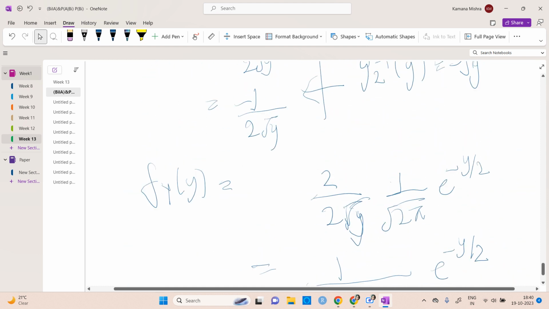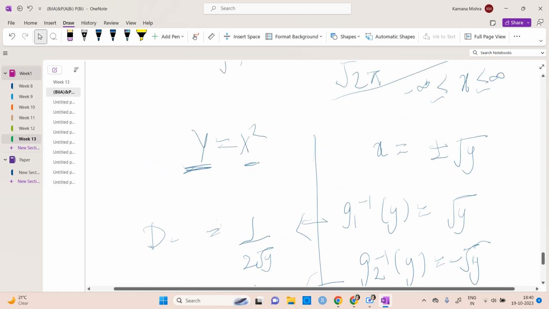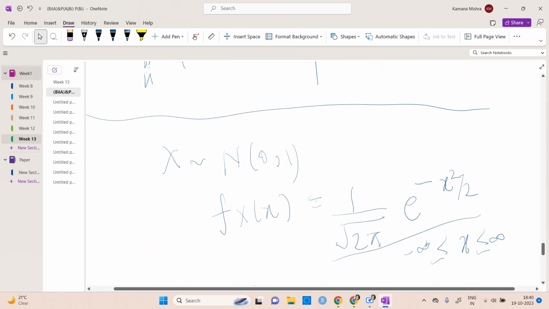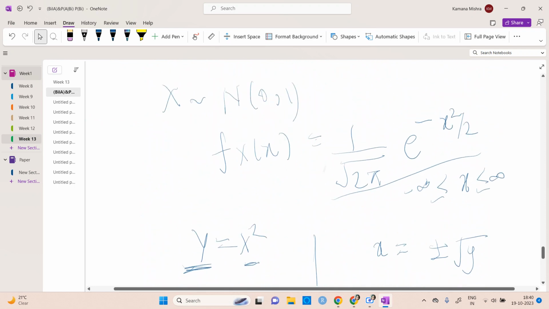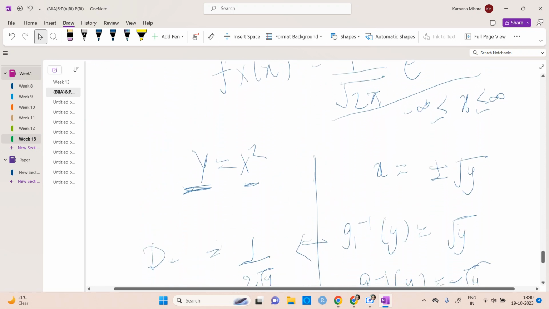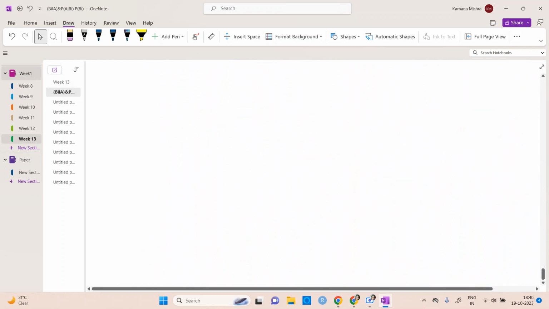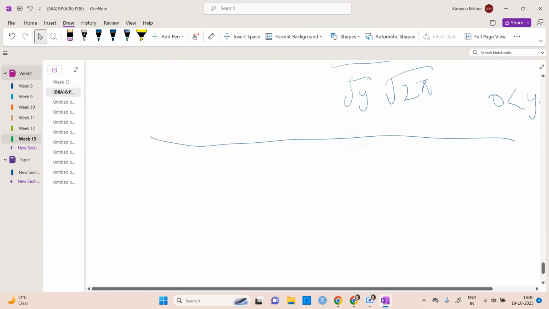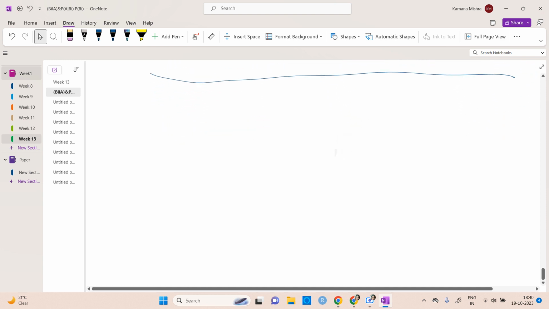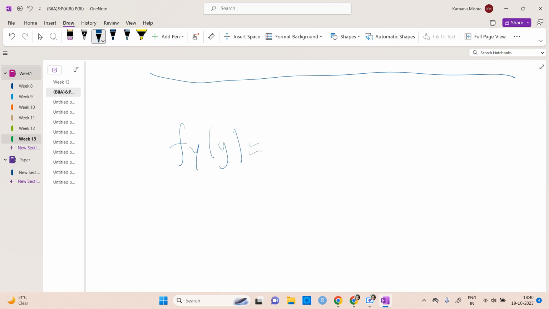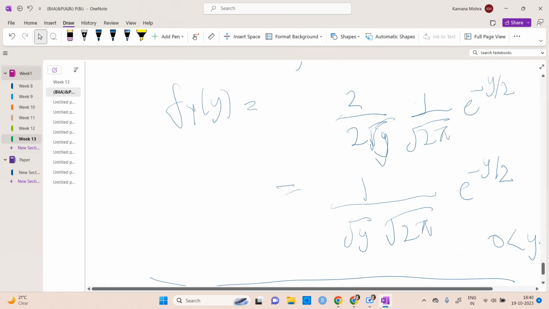So this is how you can find the PDF of y if one random variable is given and you want to find another. This is the way to find it. And if you want a formula for this, you can write f(y) is the summation of f of x_k(y), the PDF of x written in terms of y.